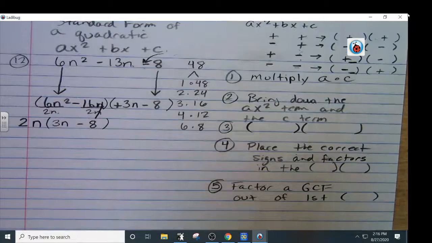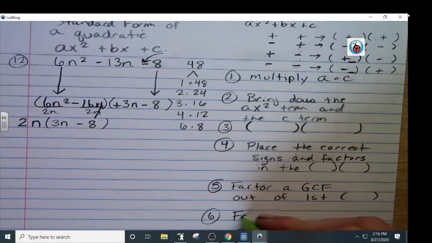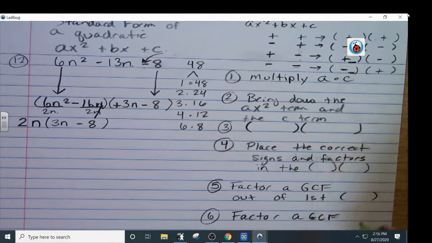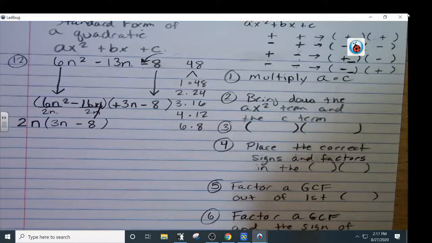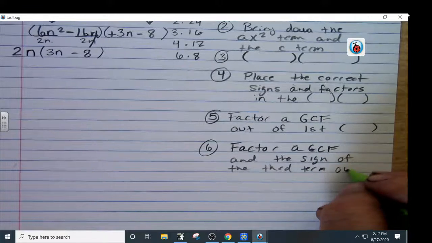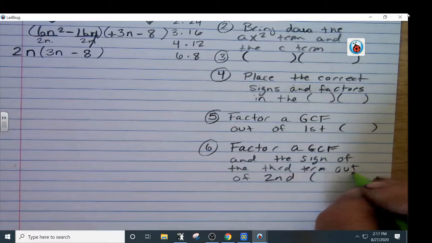Now, step 6. Factor a GCF and the sign of the third term out of the second parenthesis.